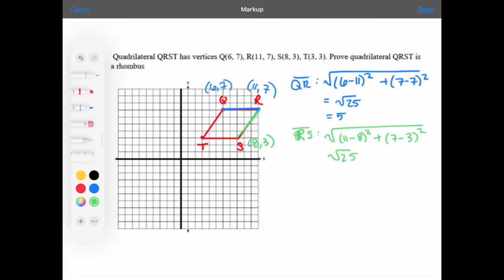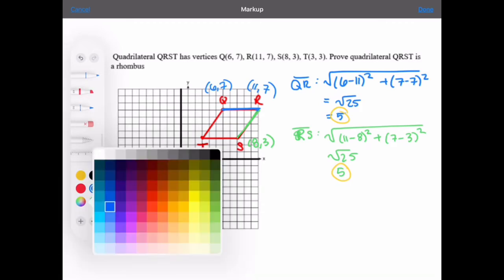Square root of 25, which is 5. Okay? So already, we have that two adjacent sides are congruent. Now, we want the other two to be congruent as well, and that will answer our proof.